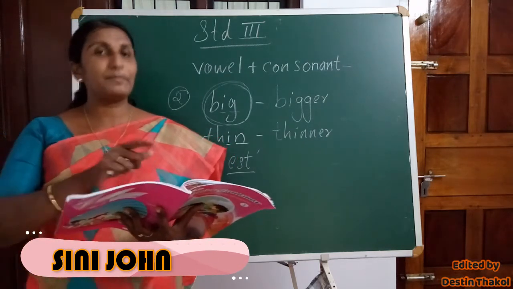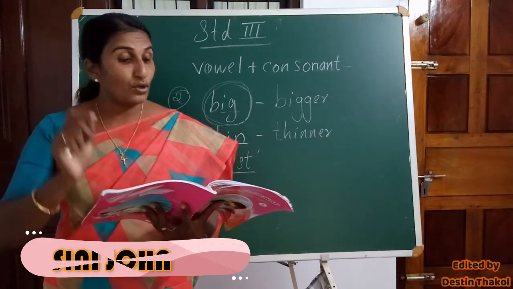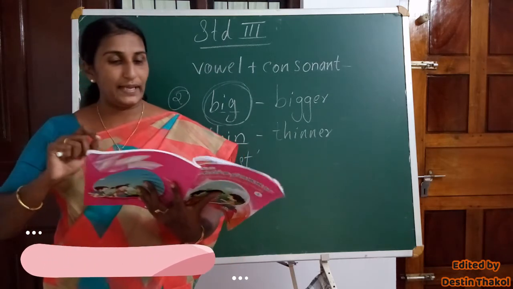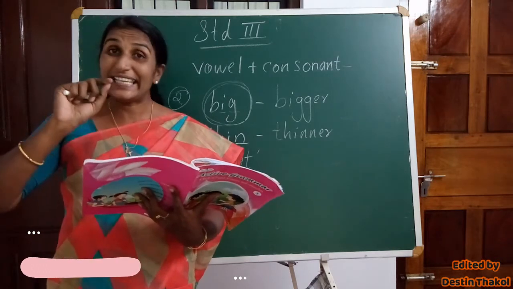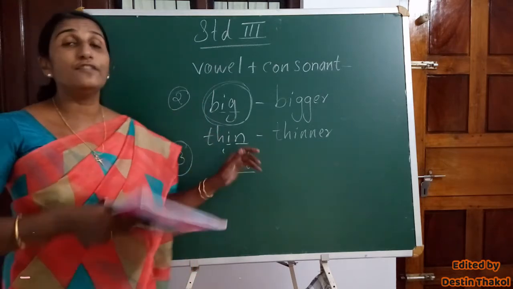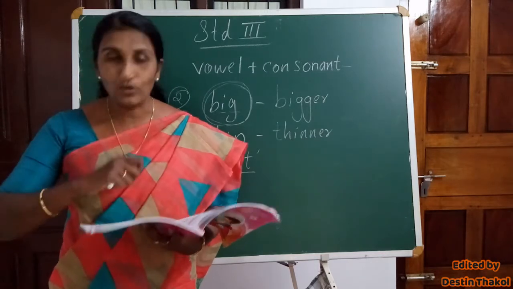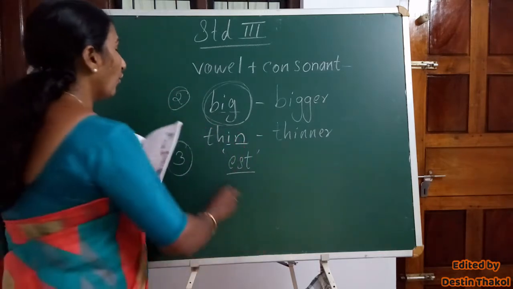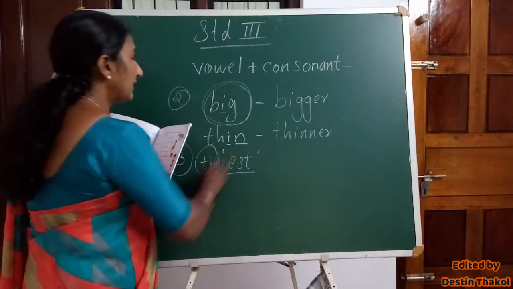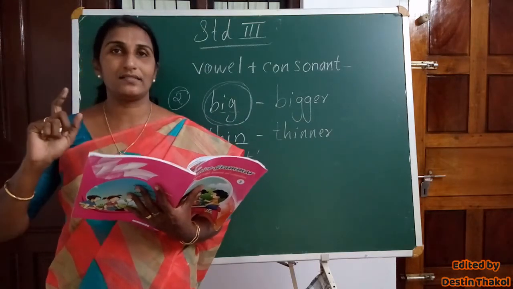Let me read that sentence once again on page number 30. When we compare more than two persons, places, things or animals, we use the EST form of adjectives. I told you, the EST form of adjectives. Don't forget, we also use the before it: the smallest, the biggest.